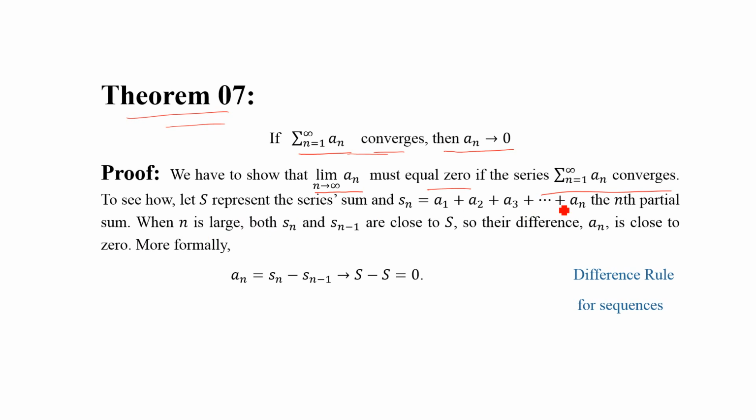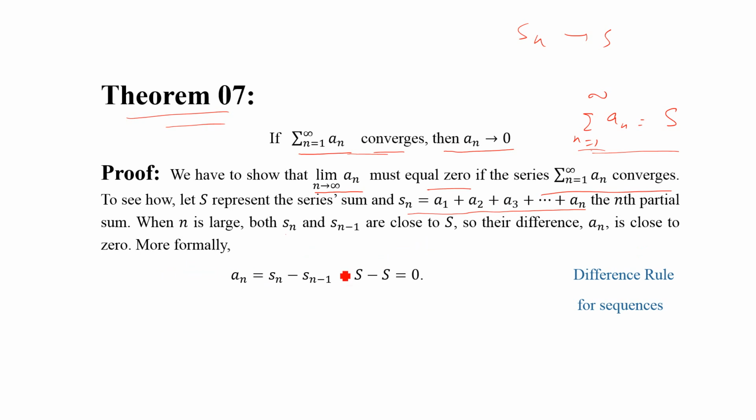Since this series is convergent, let S represent the series sum, that is sigma n from 1 to infinity of an is S. And the nth partial sum is given by this expression. When n is large, both Sn and Sn minus 1 are close to S. Since the sum of the series is S, as n increases Sn approaches S. So Sn and Sn minus 1 are close to S, so their difference an is close to 0.